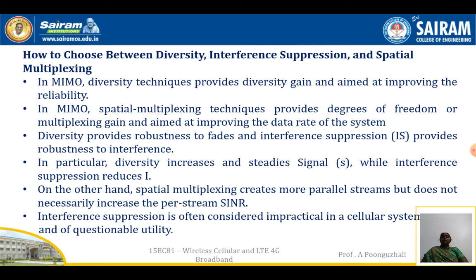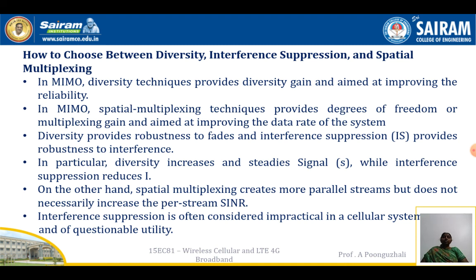Basically, when I go for diversity, I increase the value of the signal and reduce the interference noise. In spatial multiplexing, we have parallel data streams, but it is not necessary to increase the per-stream signal to noise ratio. I can have any number of streams, but it is not necessary to increase the signal to noise ratio.